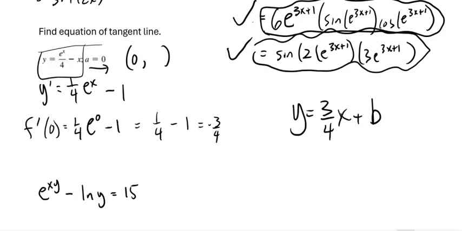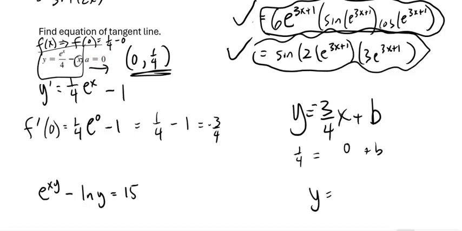If I use f of x, then f of 0 would be e to 0 is 1, 1/4 minus 0, so I get 1/4. The point is (0, 1/4). And the good news is that's the y-intercept, right? When I plug in 0 for x, 0 times negative 3/4 is 0, so b is 1/4. So my answer is negative 3/4 x plus 1/4.